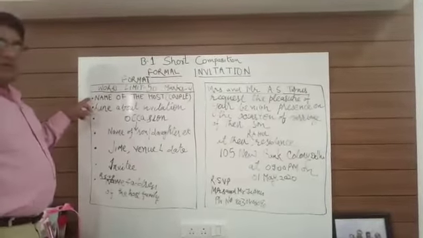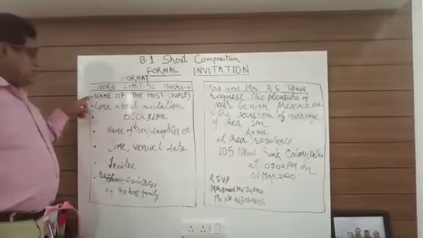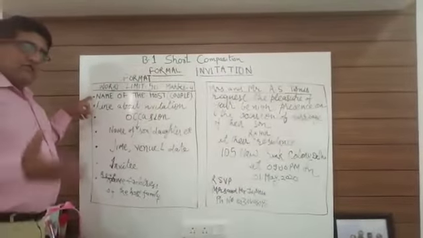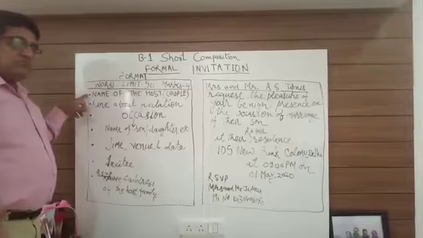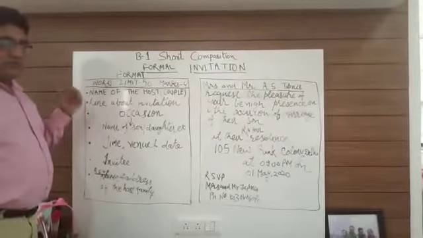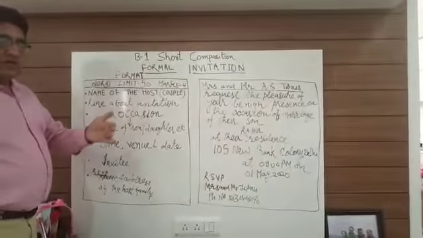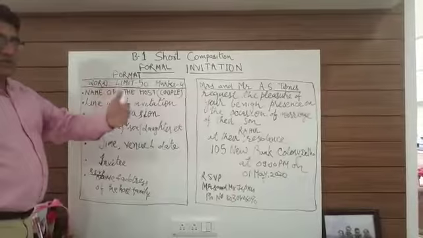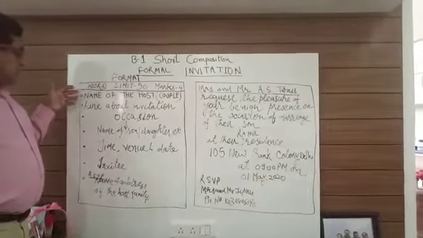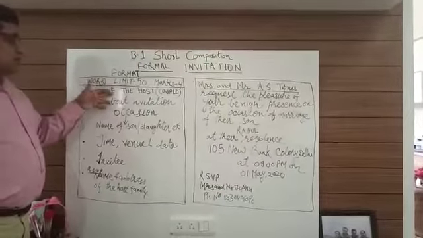In the formal invitation, the first line of invitation reads the name of the host. And if we talk about an invitation for a marriage in the family, it is generally from the couple. For example, Mrs. and Mr. Mittal, Mrs. and Mr. Singh, etc. So the first line in formal invitation is the name of the host.